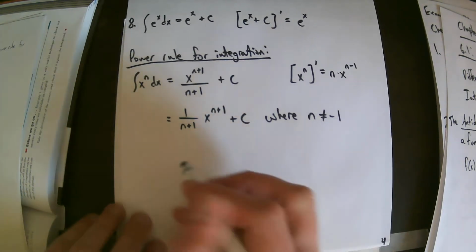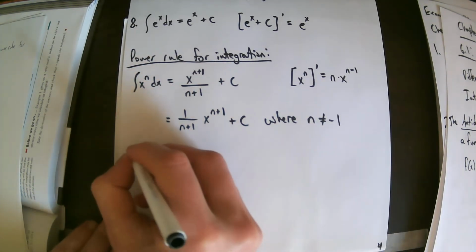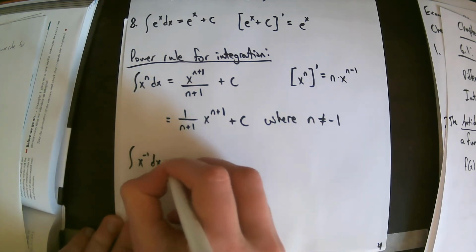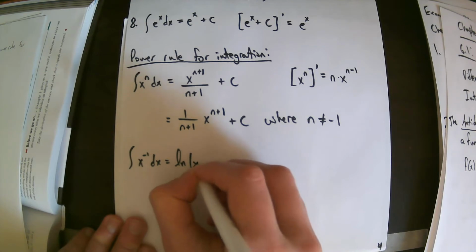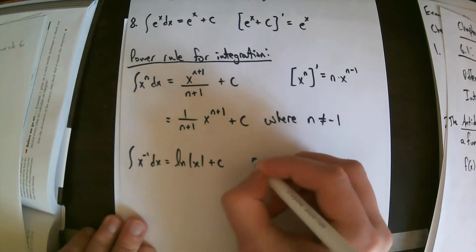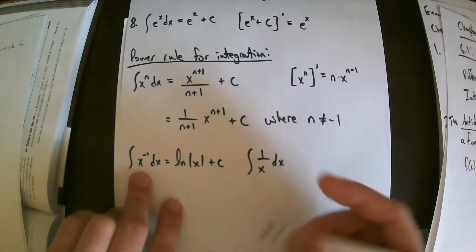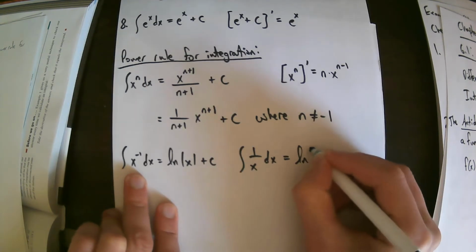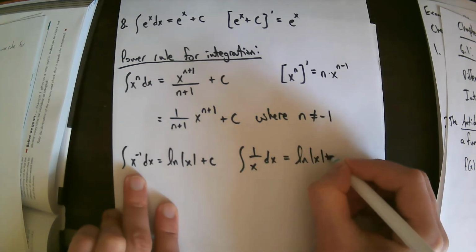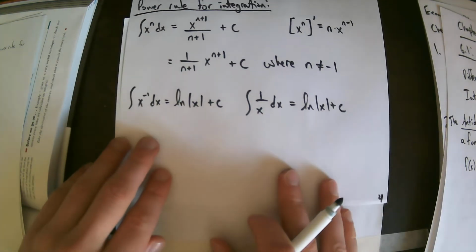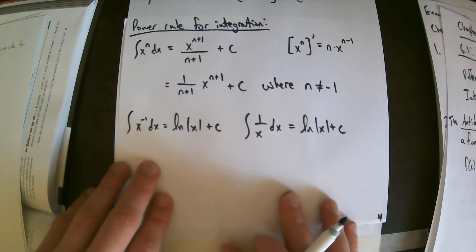Okay. So let me just reiterate the point about the special case here. The integral of x to the negative 1 dx is equal to ln of the absolute value of x, which can also be written as the integral of 1 over x dx. These are the same. Okay, so let me keep that power rule there.